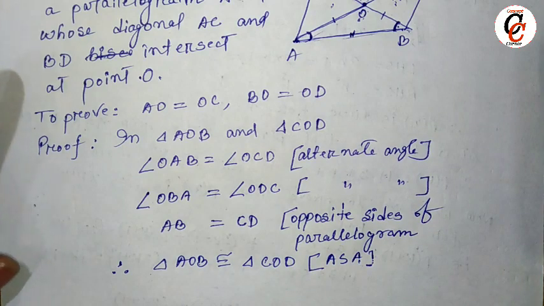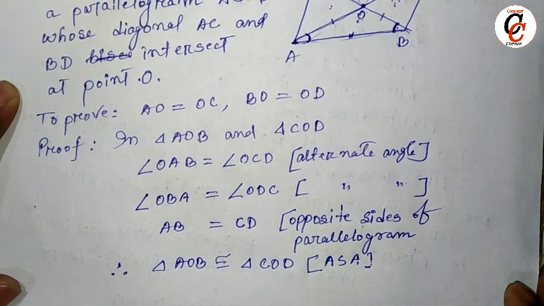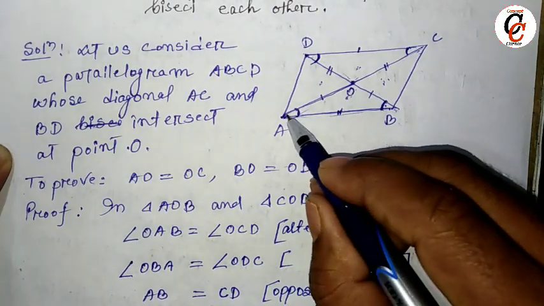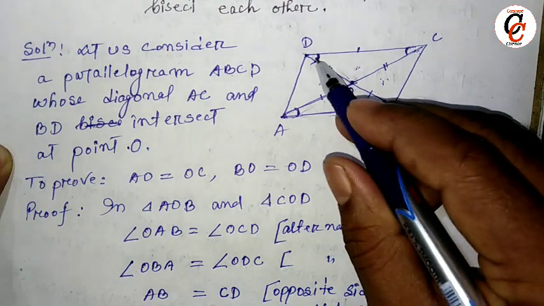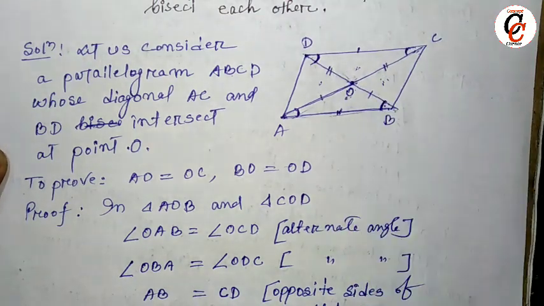So when these two triangles are congruent, AO will be the corresponding side of OC and BO will be the corresponding side of OD. So they are equal.